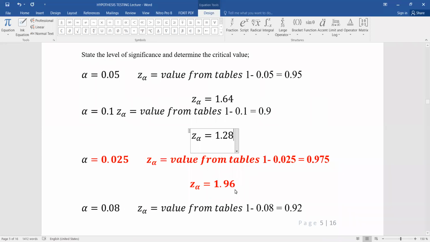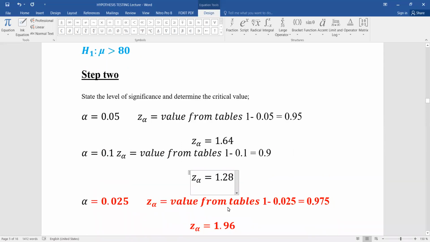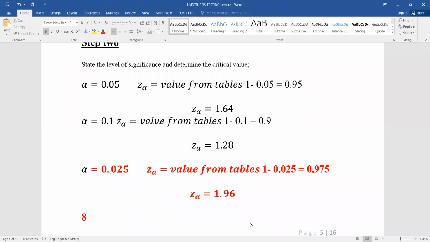The last value, try when alpha is equal to 8%.